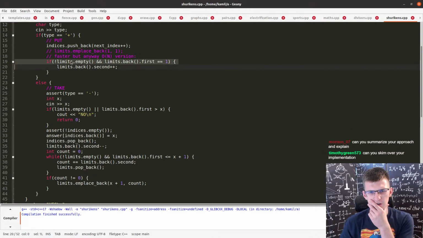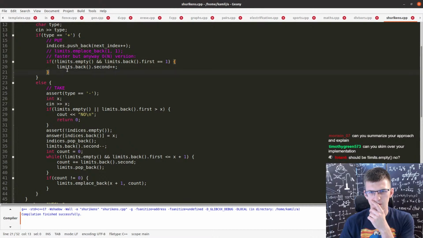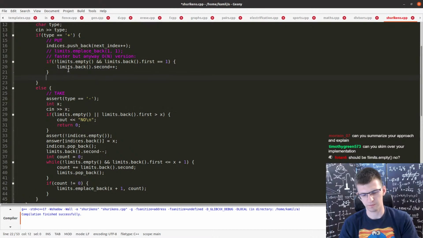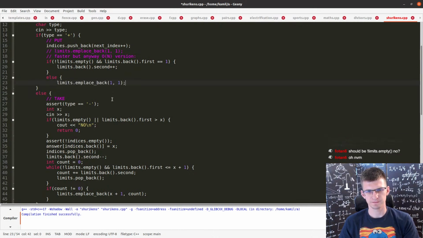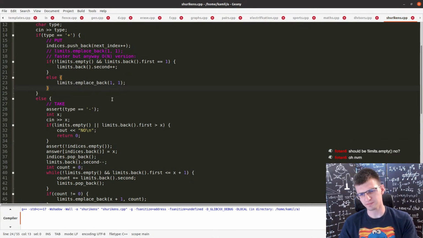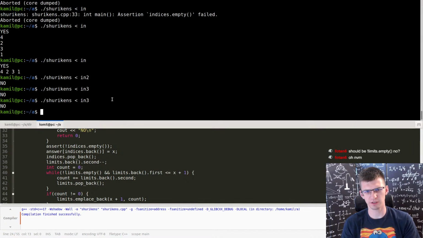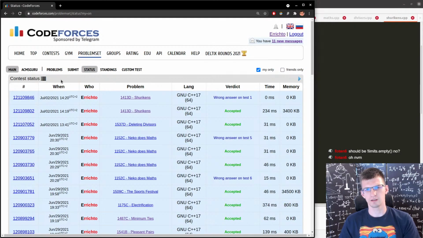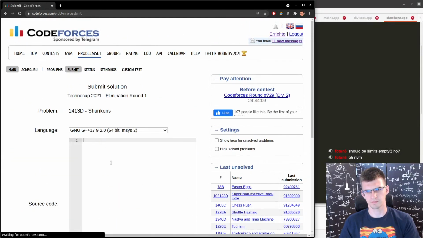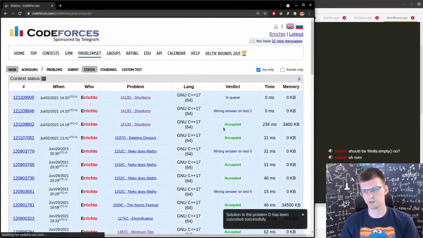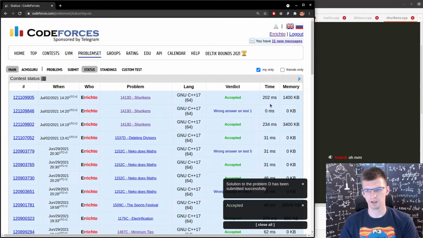What is here? Oh, else emplace back, of course. The speedup here is that I don't create two consecutive equal groups. And I'm submitting this only to see if the time is quite the same as this one. Yeah, quite the same, slightly faster.